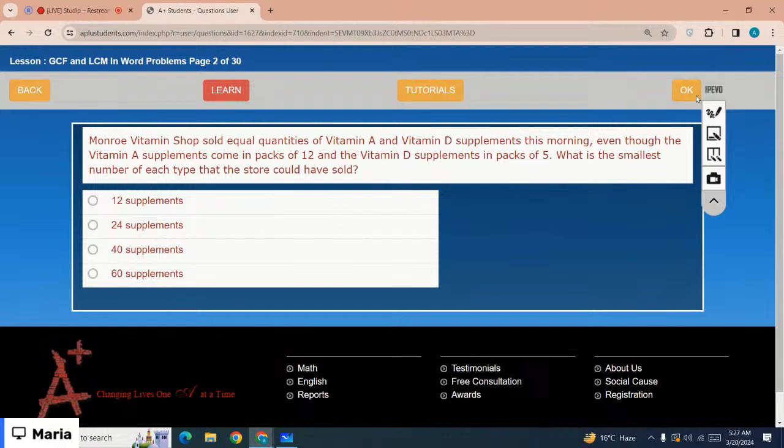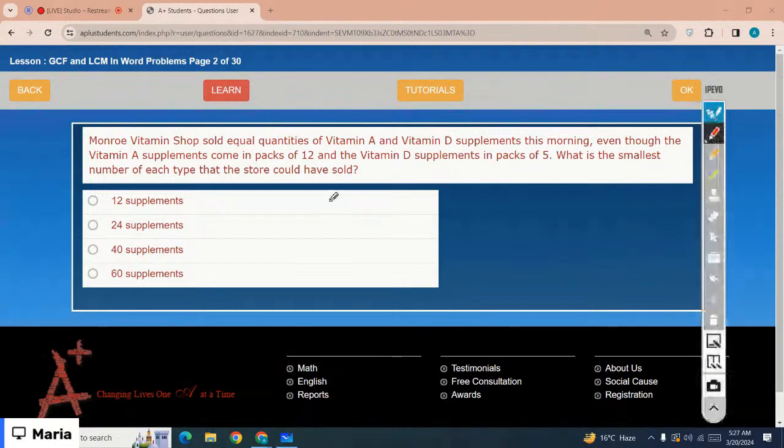Even though the vitamin A supplements come in a pack of 12 and vitamin D supplements in a pack of 5, what is the smallest number of each type the store could have sold? So you have to find the smallest number, the least number. That means you need to find the LCM, right? So you have to find the LCM of 12 and 5.